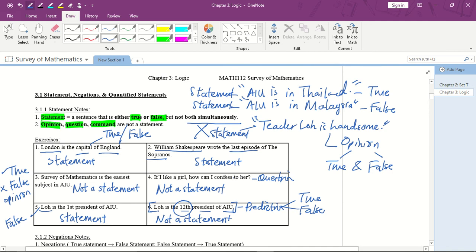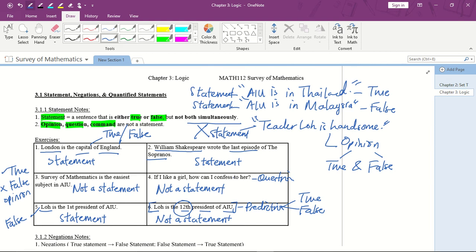Okay, so I hope you got the concept of what a statement is. A statement is an idea that I can surely say is true, or I can surely say is false. However, a non-statement can be an opinion, a question, a command, or a prediction too.